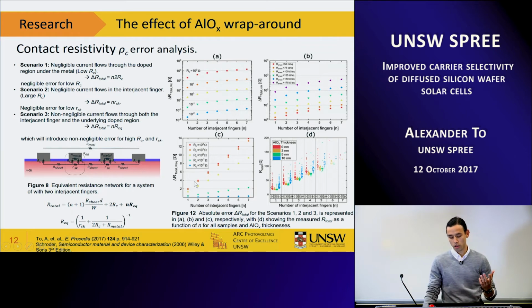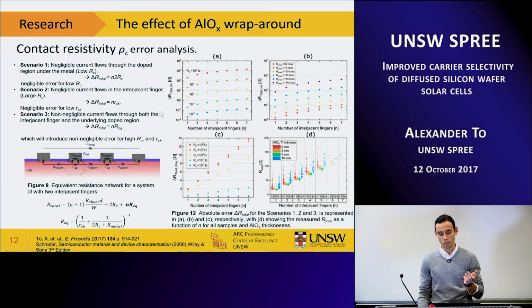The takeaway is that if you have a good contact, this method is more accurate, or has less inherent error, because this term doesn't contribute as much. On the other hand, if your contact is quite poor, this affects your assumption that you can linear fit and extract your contact resistance from the slope method.